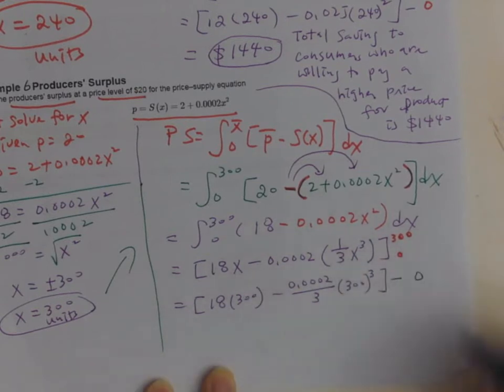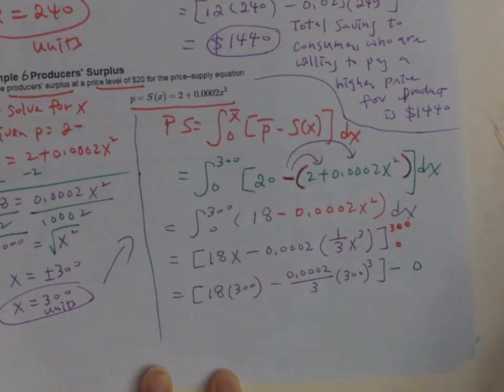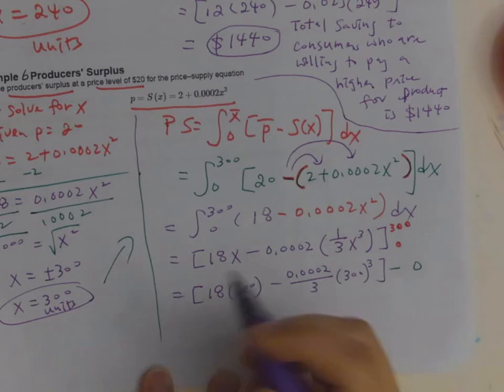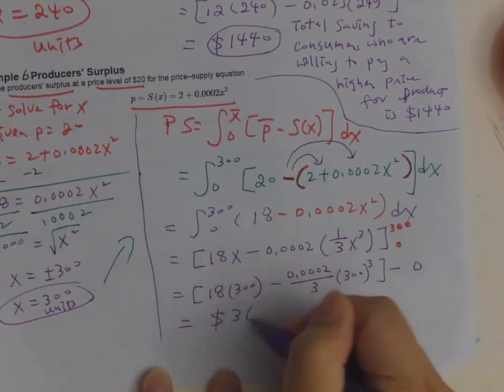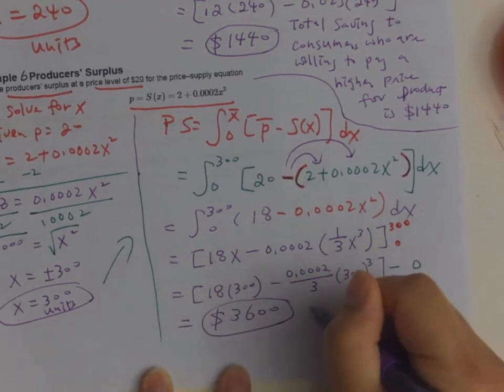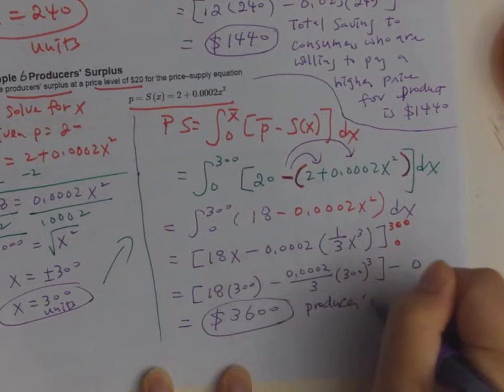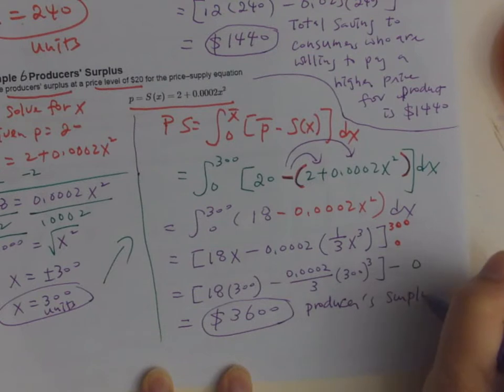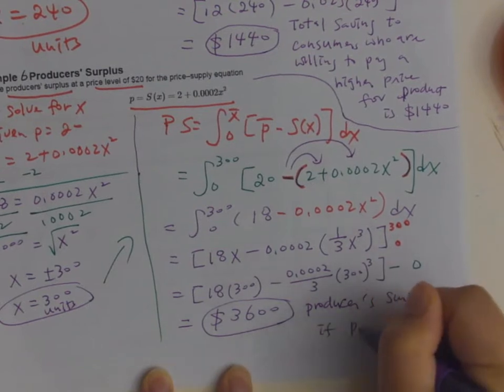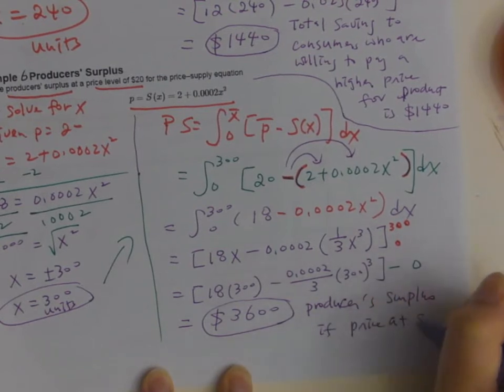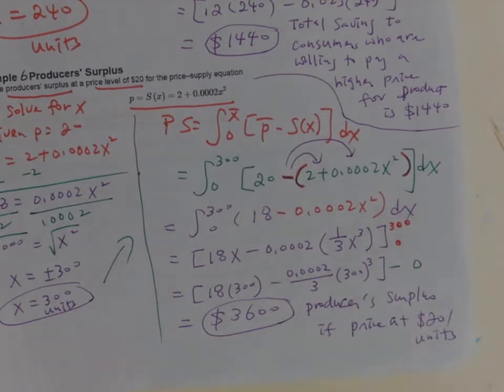But it will make the whole thing equal to 0, so that would be good. Let's plug into the calculator, and hopefully what you get is 3,600. So that would be the producer surplus if price is at $20 per unit. All right, so not awful. You do need to find how many units first and plug it in and do the correct steps.